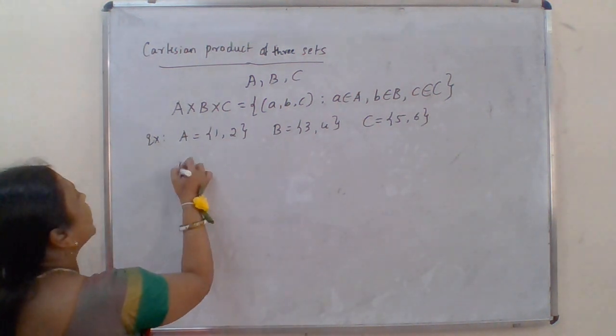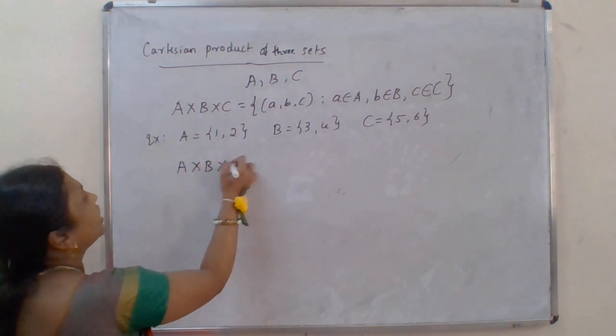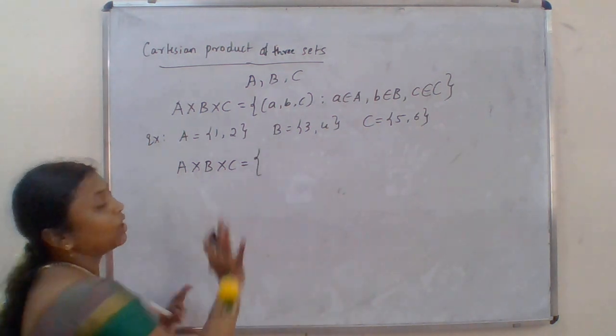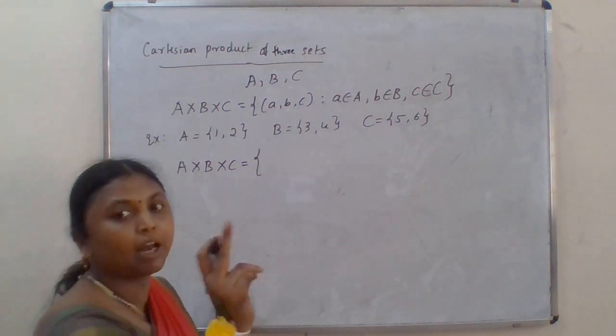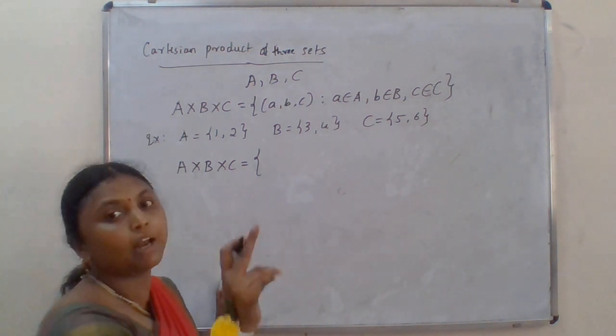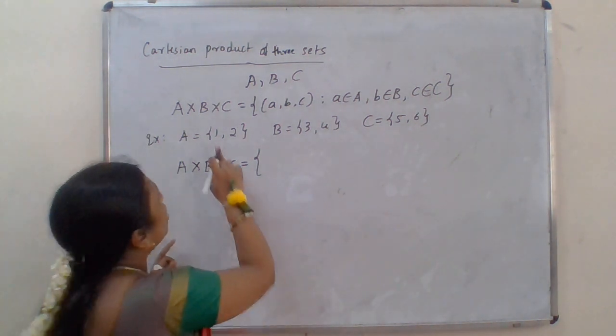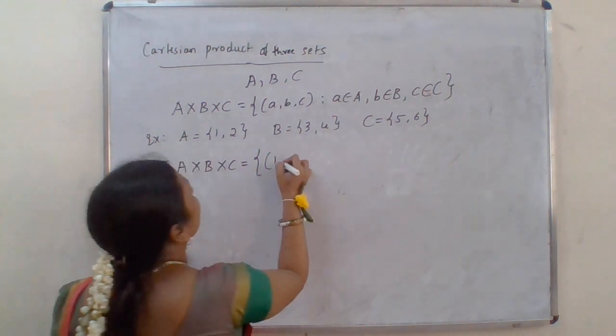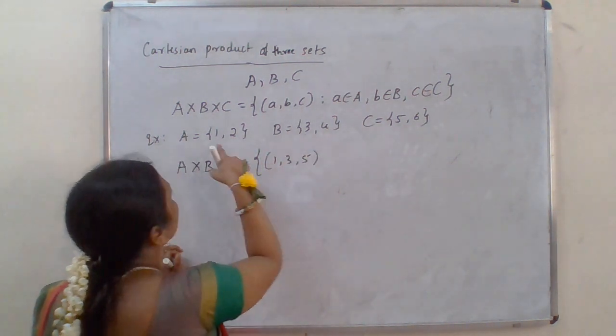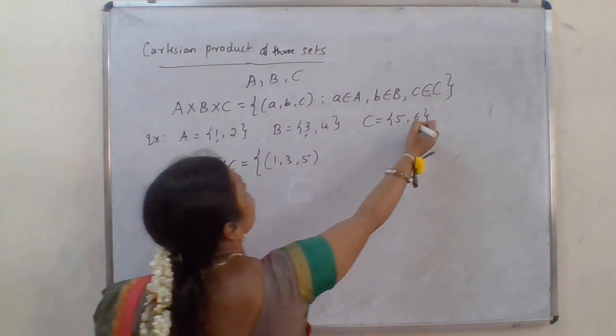How do you solve it? Write in order only, otherwise you will get confused. See here, A cross B cross C is equal to, understand it carefully, first element belongs to the first set, second element belongs to the second set, third element belongs to the third set. So (1, 3, 5), next (1, 3, 6).